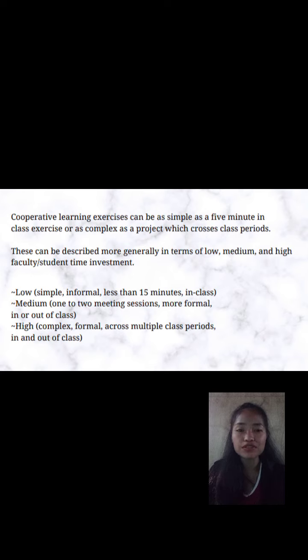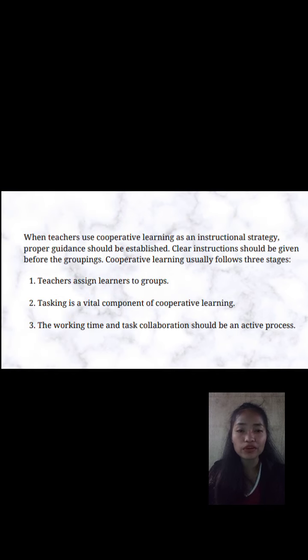Cooperative learning exercises can be as simple as a five-minute in-class exercise or as complex as a project which crosses class periods. This can be described more generally in terms of low, medium, and high faculty or students' time investment. When teachers use cooperative learning as an instructional strategy, proper guidance should be established. Clear instructions should be given before the groupings.